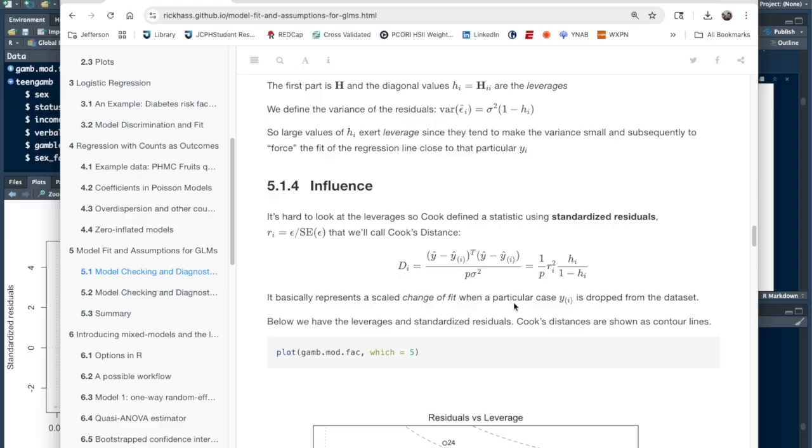Basically, it's a distance. What's the distance between one model and a second model, where one model has, let's say, case number 5, which didn't fit very well? What if we dropped that case from the model and reran it? Cook's distance tells you how big the difference will be. Just like leverage, and because it's based on leverage, small leverage usually will also mean small Cook's distance.